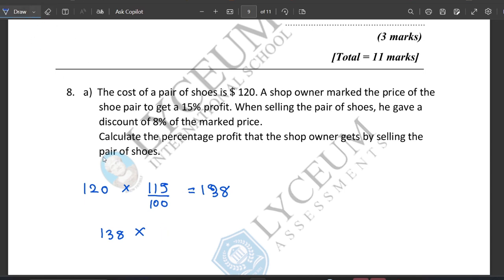So yeah, it's better if we make it over 100 because I got 100 minus 8. And it will give me the answer, 126.